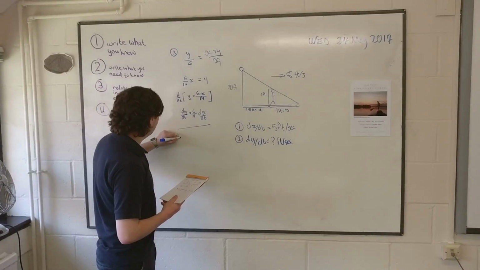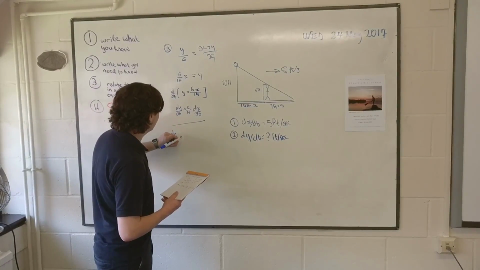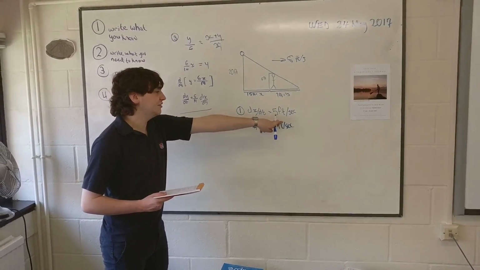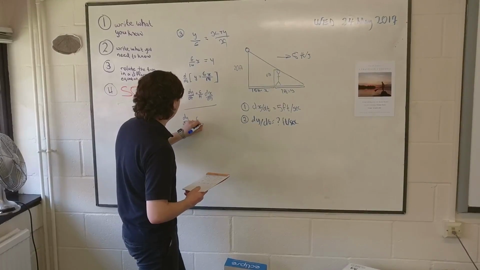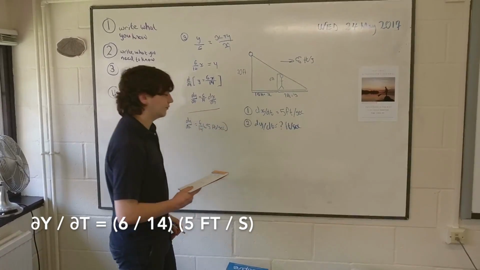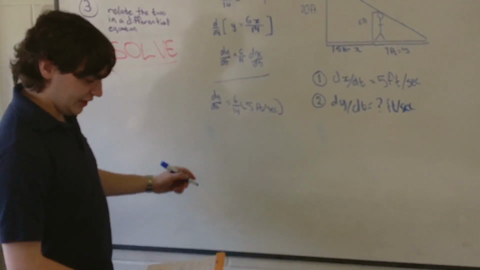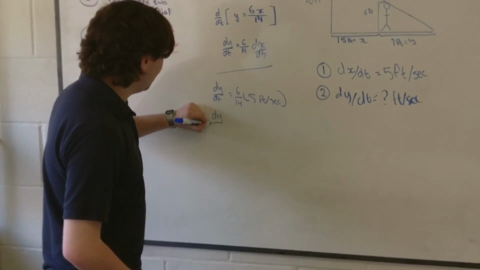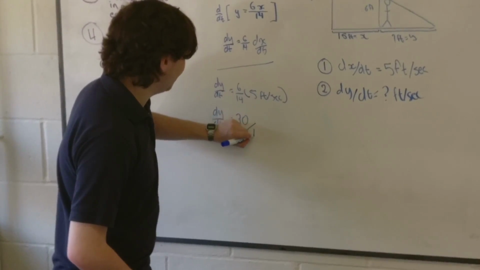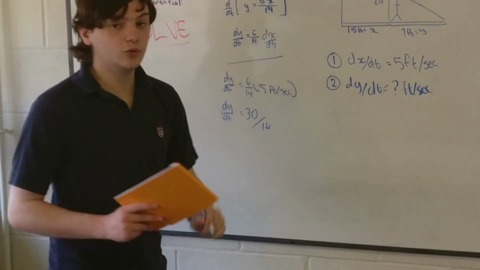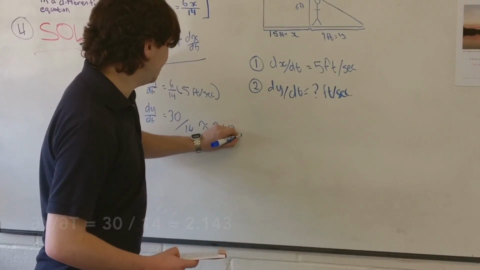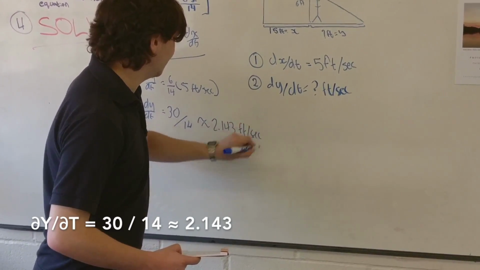Now we know that dy/dt equals 6/14 of dx/dt, but we already know dx/dt is 5 feet per second, so we just plug that in, times 5 feet per second, and then just solve it through, which ends up giving us dy/dt equals 30 divided by 14, or as a decimal approximation to 3 places, 2.143 feet per second.